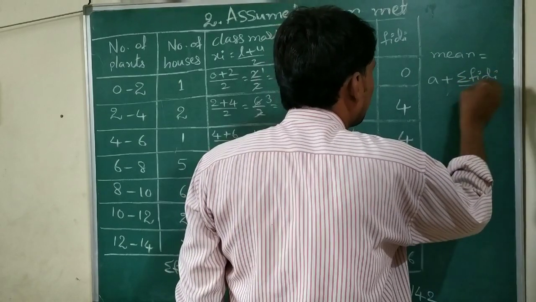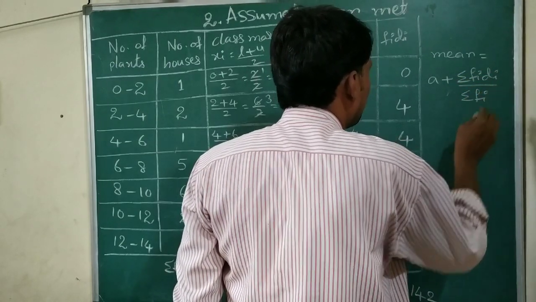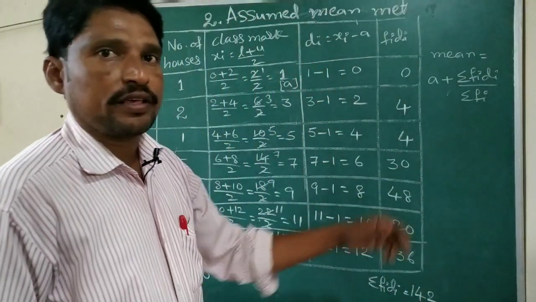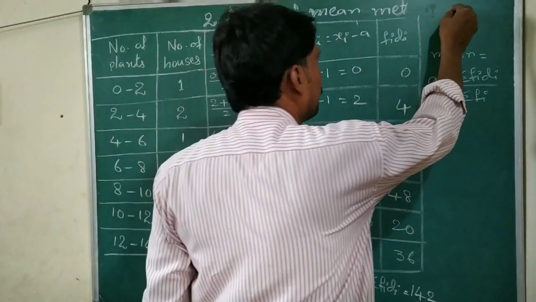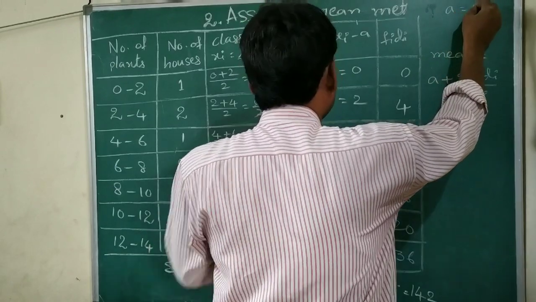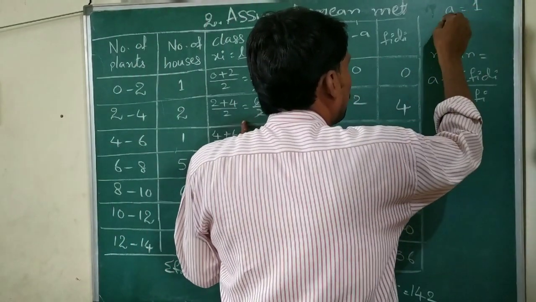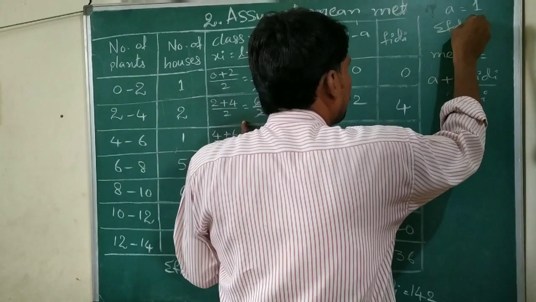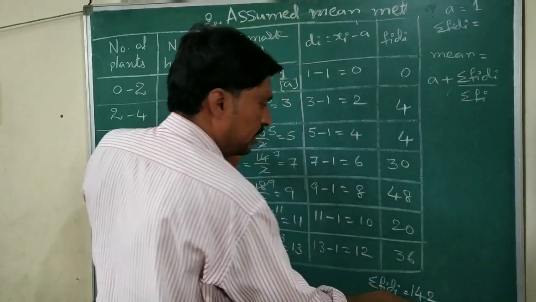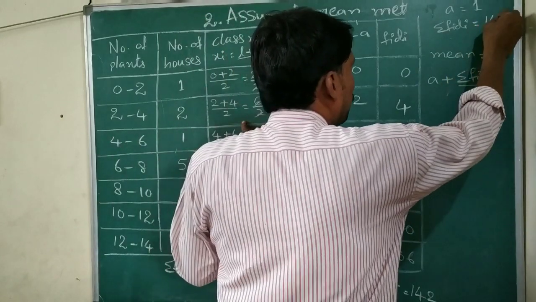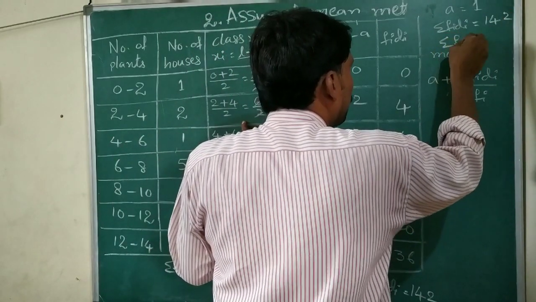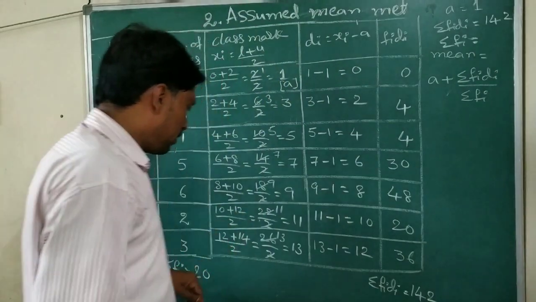A equals the assumed value, which is 1. Sigma FiDi value is 142. Sigma Fi value is 20.